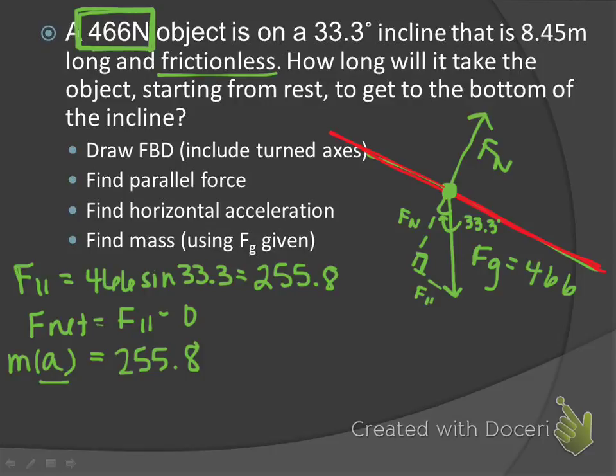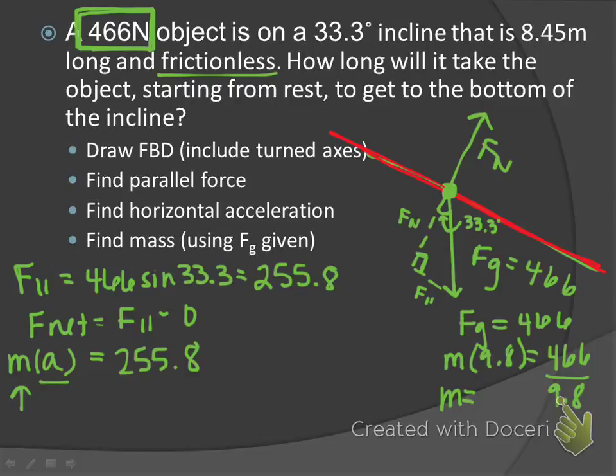We have to solve for acceleration in order to solve for time, but we need to know the mass. Since we know Fg is equal to 466, we take mass times 9.8 equals 466, and we divide that by 9.8 to solve for our mass.